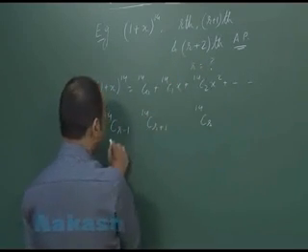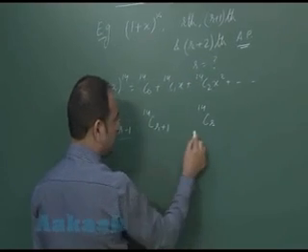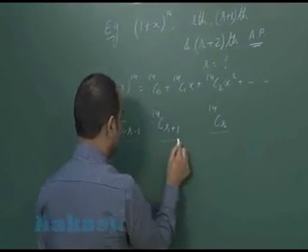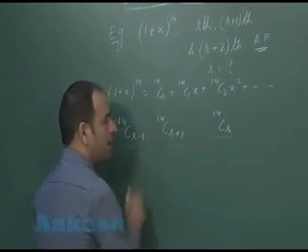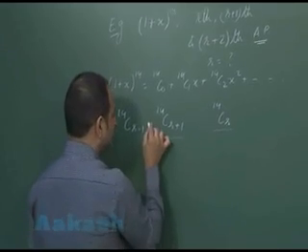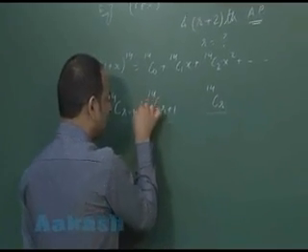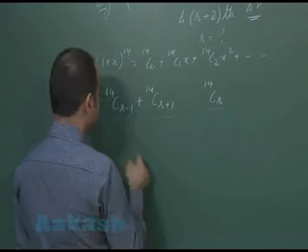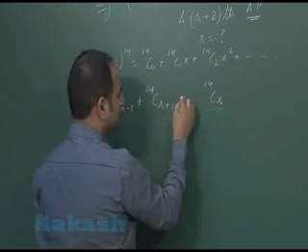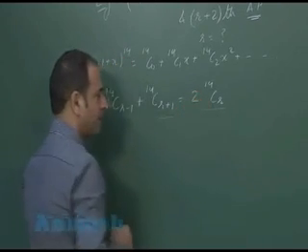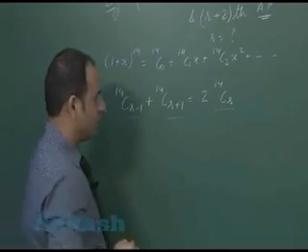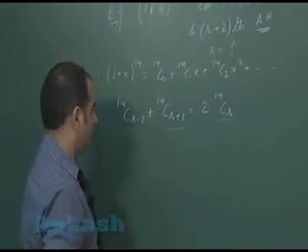These three are in AP, that is this is A, this is B and this is C. So A, B, C are in AP. We know if the three terms are in AP, you will be learning in sequence and series, A plus C will be equal to twice of B.